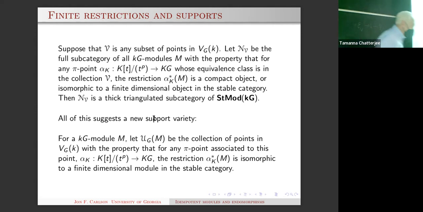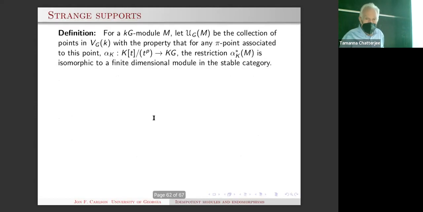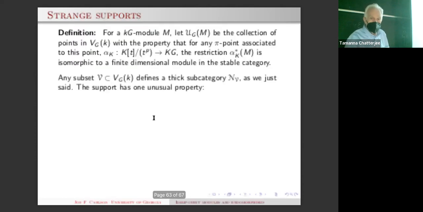I call this a new support variety. Paul Balmer suggested that this should be called something like a locus of compactness for the module. So, as I say, you can define the support variety like this, the collection of all points with that property.